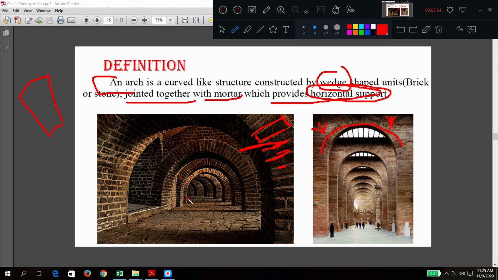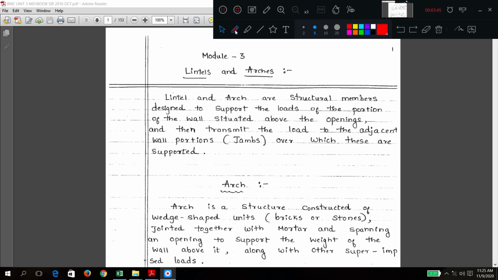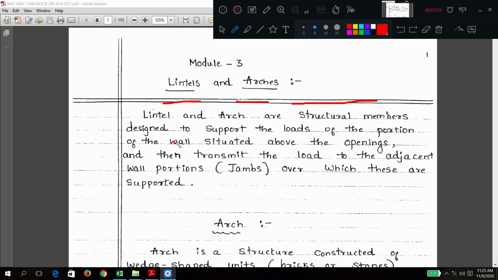Now we see the different components of a typical arch. Here you can see the definition of lintel and arch. Lintel and arch are structural members designed to support the loads of the portion of the wall situated above.